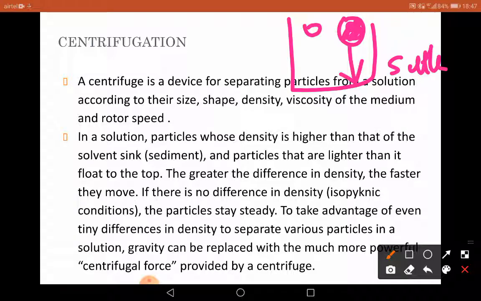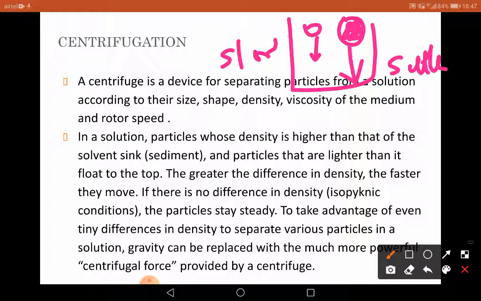The particles with lower density will settle slowly, they will take more time to sediment. The greater the difference in density, the faster they move. If there is no difference in density, we have to use a different condition, because the particles stay in a steady state.